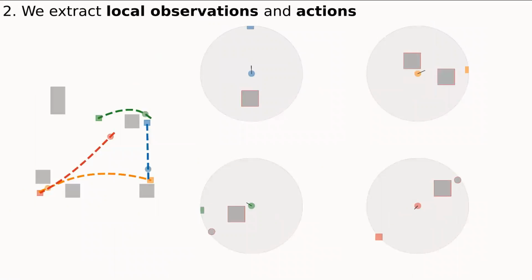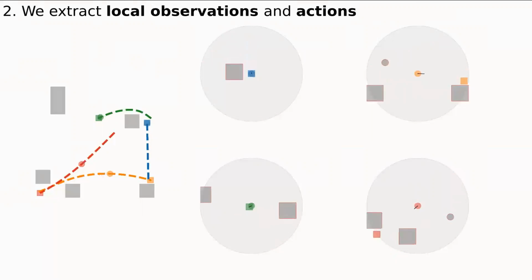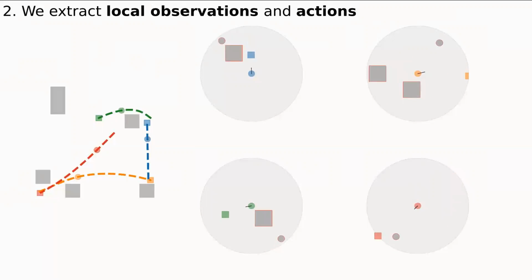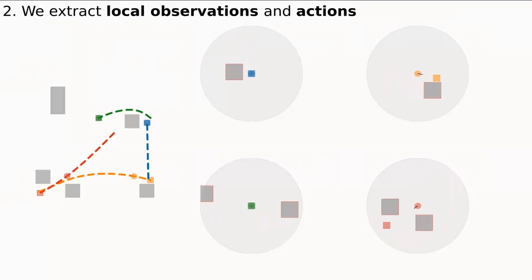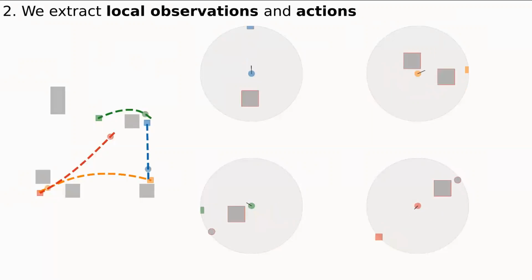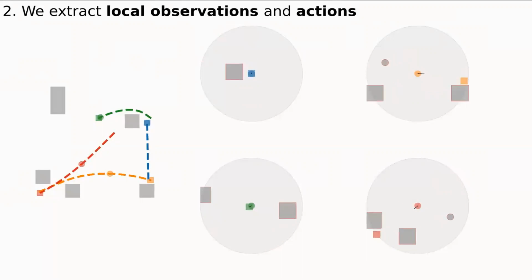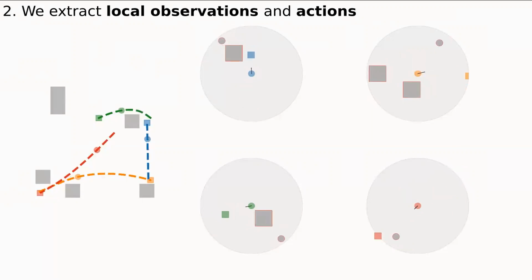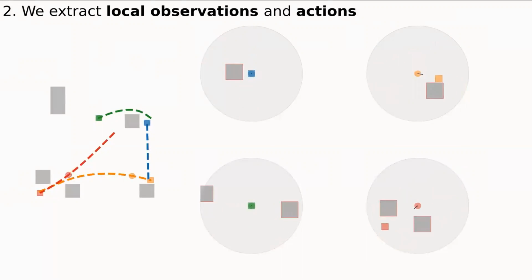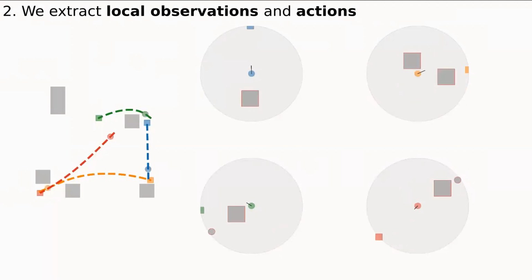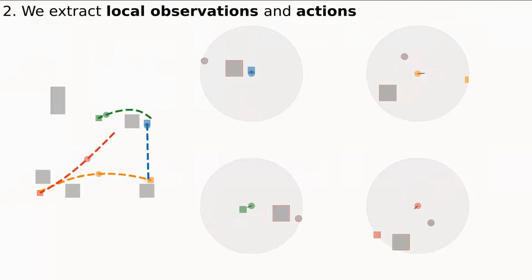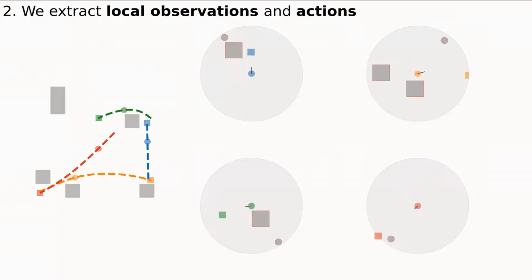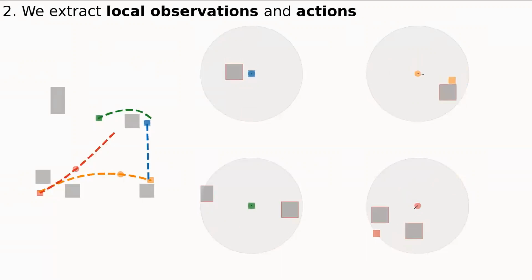So if I have 4 robots, I get data for 4 robots. Then we put an observation radius around it and make sure that the observation only contains information that the robot can actually see. That gives us a lot of data, because we can sample multiple points per trajectory.